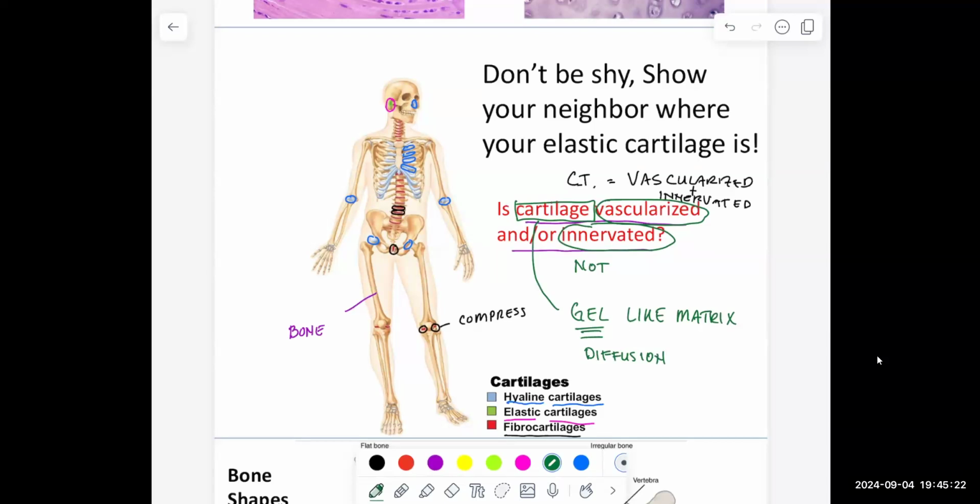And that will become a problem for individuals who break cartilage, like breaking a bone. Why? Since it doesn't have blood supply, it doesn't have nerves in it, you might not feel it. You might not feel that this down here is wearing away. There's no nerves in it.